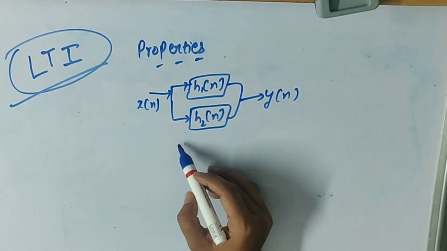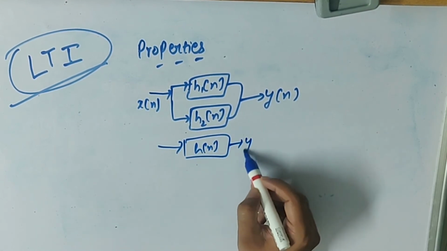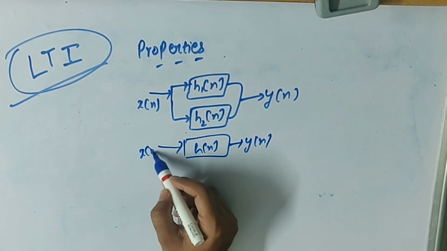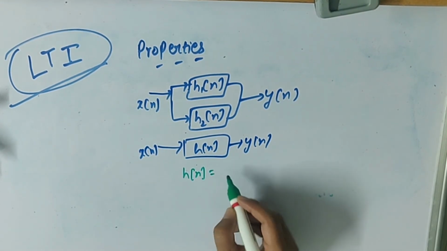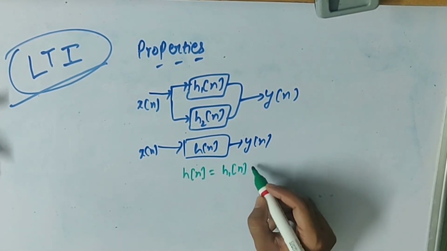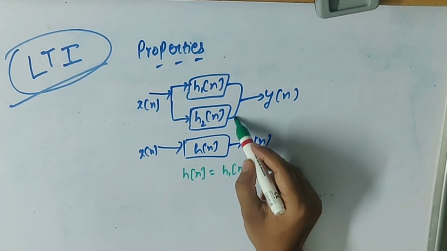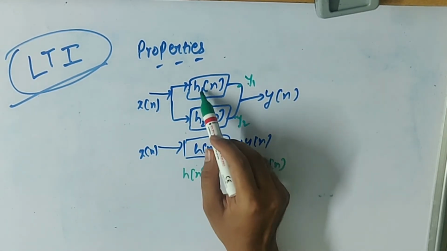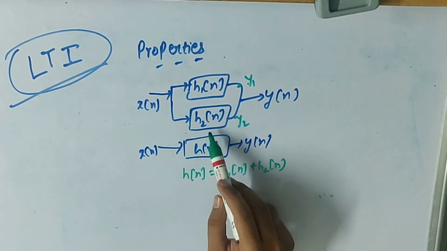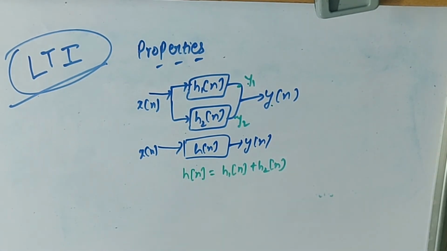Using the same logic, making it one system, h[n] can be written as h1[n] plus h2[n]. Here you can assume this is y1[n], this is y2[n]. So y1[n] is equal to x[n] convolution h1[n], y2[n] is equal to x[n] convolution h2[n], and y[n] will be the addition of these two. In that way we can calculate that h[n] is equal to h1[n] plus h2[n].